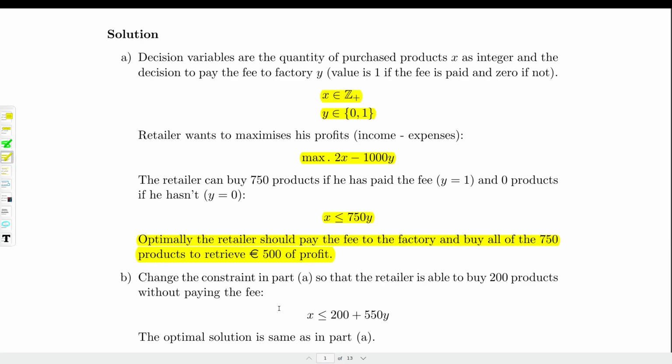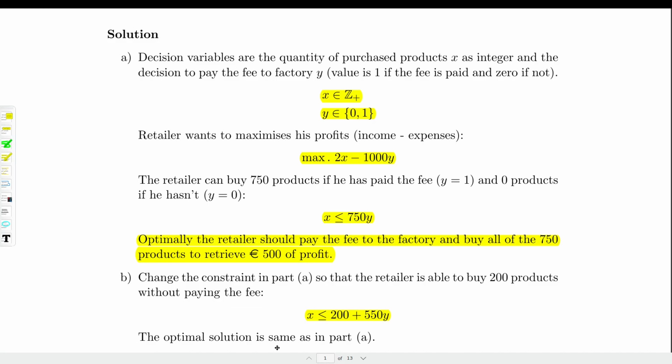In part B we have to change the constraint, this one, such that the retailer is able to buy 200 products without paying the fee, and the resulting constraint will be this one, and we will change this constraint into this one.